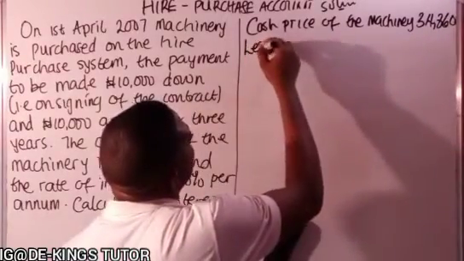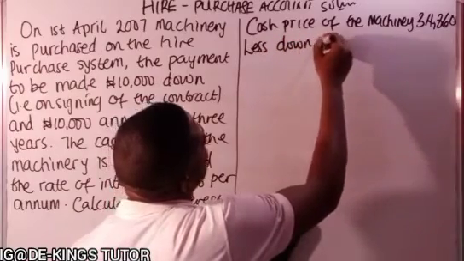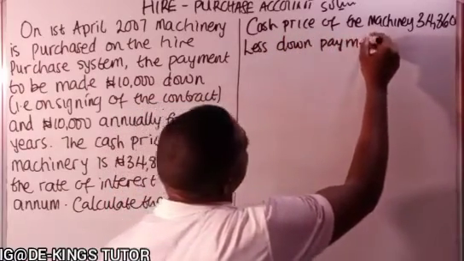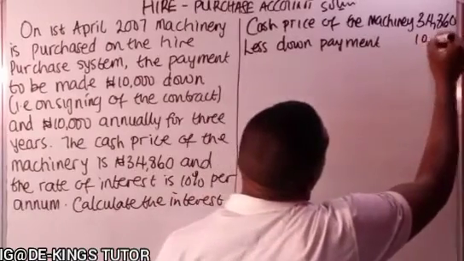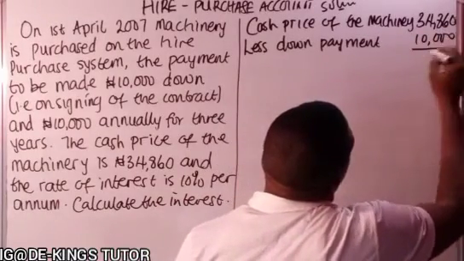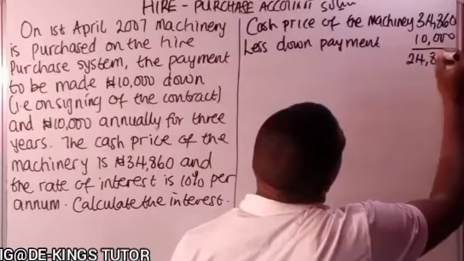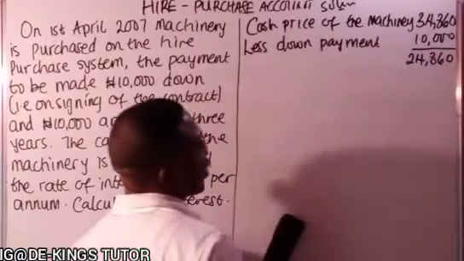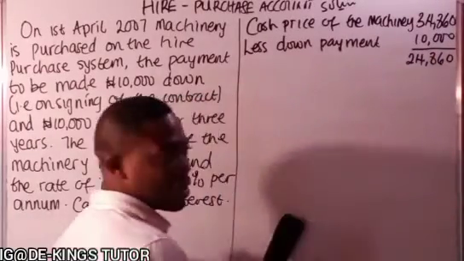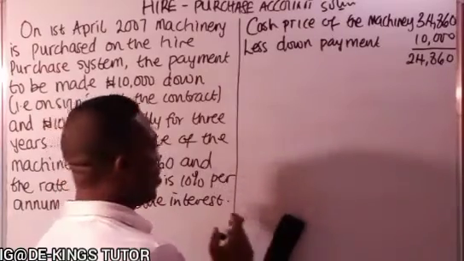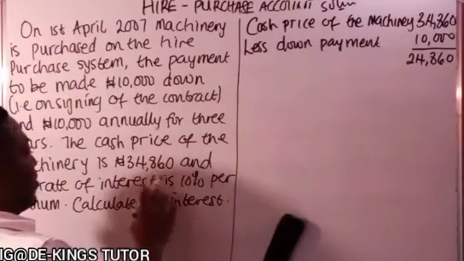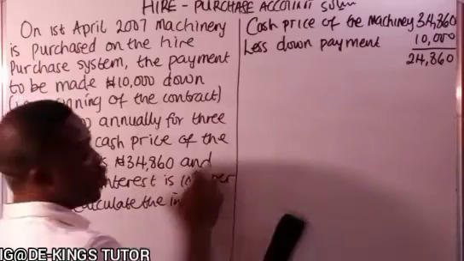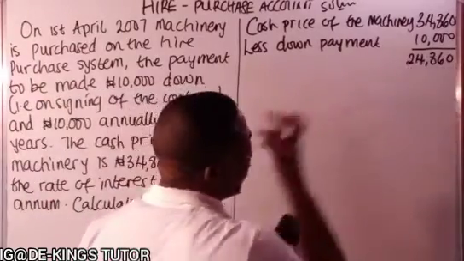Less down payment or initial deposit of 10,000, and this will give us 24,860. This is the amount that interest is supposed to be added on, and they say the rate of interest is 10%, so it will be 10% on this amount.